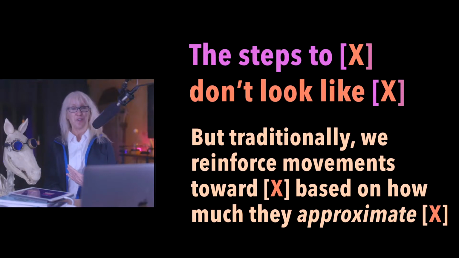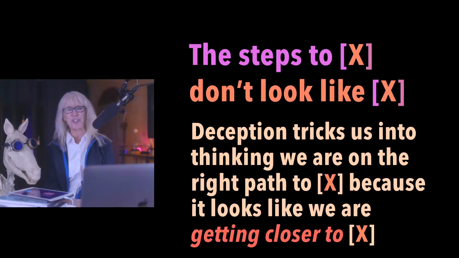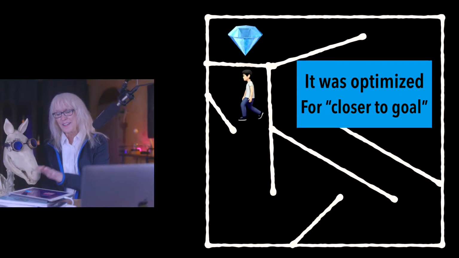And we're not going to reinforce the things that look the opposite of X, or that are going way the heck out there. So deception is what happens when we are tricked by progress that looks like X, because it looks like we're getting closer to the goal.